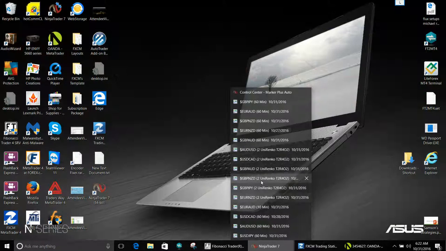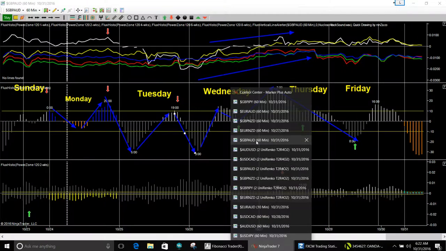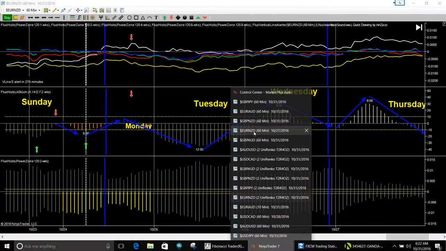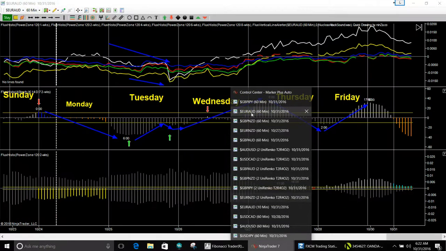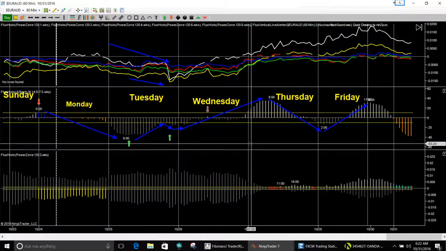So also, I'll show you some. I didn't take that many trades last week. Again, I was having some issues with my charting and trying to get everything together because I had to reinstall my auto trader, the marker plus indicator, and I had some errors on my platform.